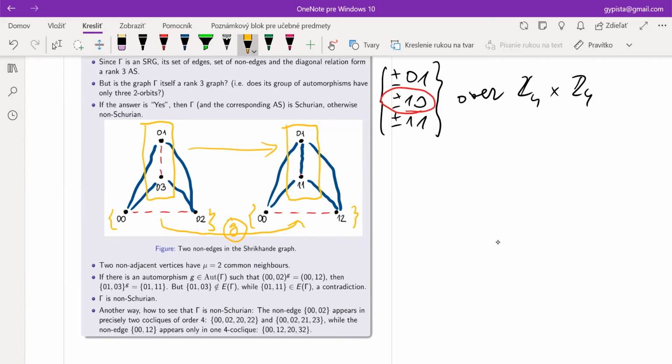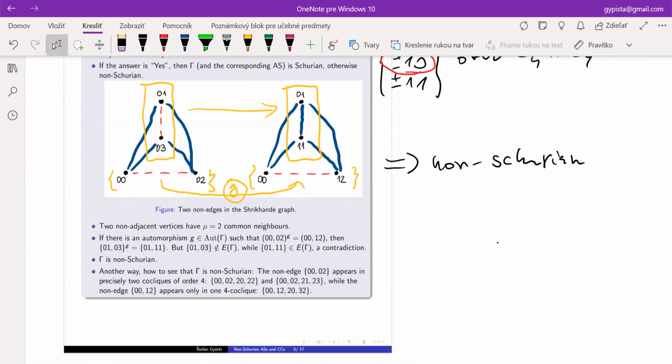This means that my graph cannot be Schurian because the group of automorphisms cannot be transitive on the set of non-edges. So this is, for example, one way to see that the Shrikhande graph generates a non-Schurian association scheme.